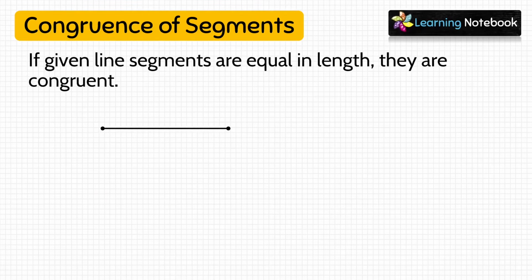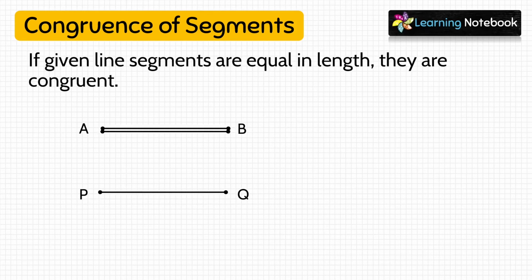Now students, take a look at these two line segments, AB and PQ. Let's trace line segment AB and place it over PQ. We find that points A and B match exactly with points P and Q. So it means these are congruent line segments.